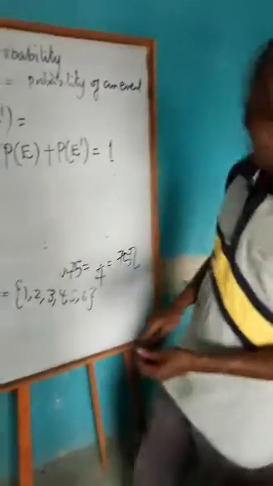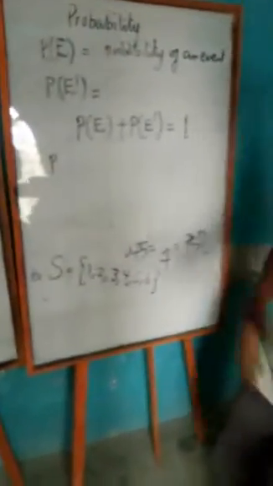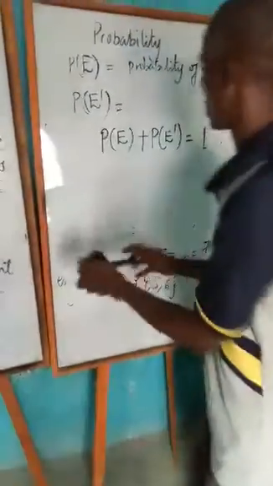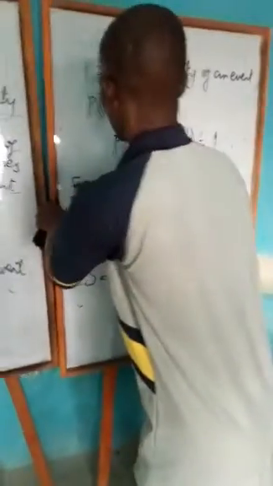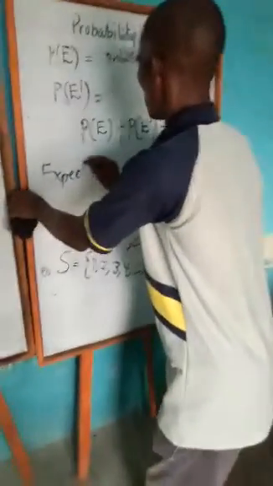is equal to 1. Okay, so now the last one, let's look at another concept of probability, expectation.